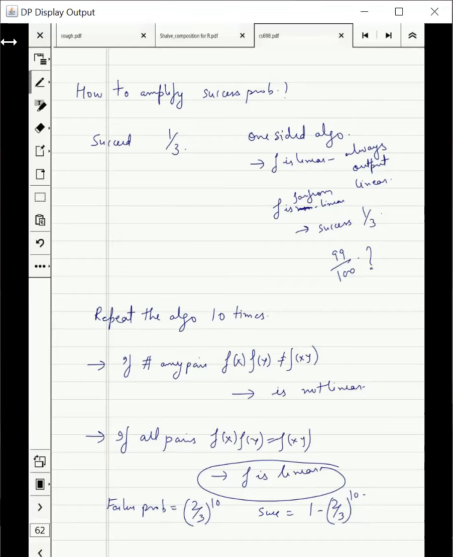Okay, so even if I had repeated 8 times, this success probability will become 0.9. So my success probability goes up very, very quickly by just repeating the algorithm a few times. That's why I said that even if my success probability is some small constant, I am happy. I don't care what that exact constant is.